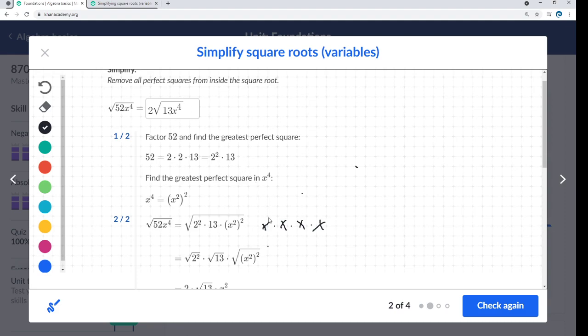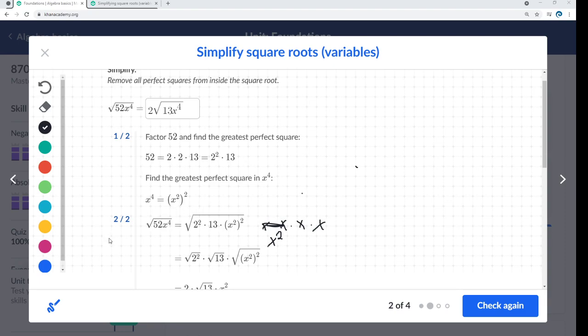X to the 4th power. And then as Zeg showed us before, you want to have that in powers of 2, right? So then this becomes x squared times, oh gosh, where's Zeg when you need him?